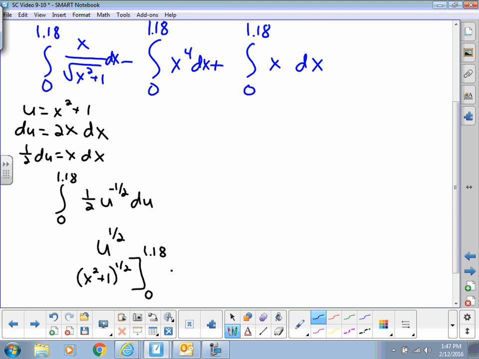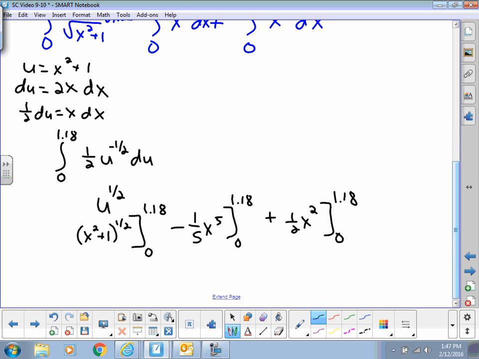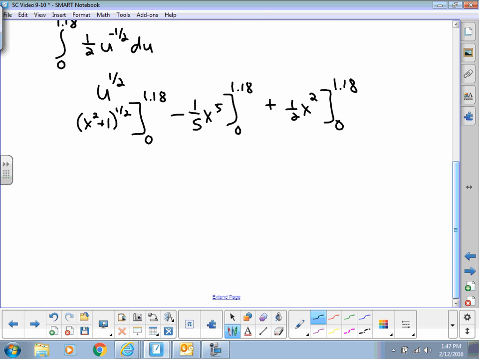Then we're going to have minus. The antiderivative of x to the 4th is 1/5 x to the 5th, which we need to evaluate also from 0 to 1.18. And then we'll add on 1/2 x squared, which needs to be evaluated from 0 to 1.18. So essentially now, the whole thing's just being evaluated from 0 to 1.18.